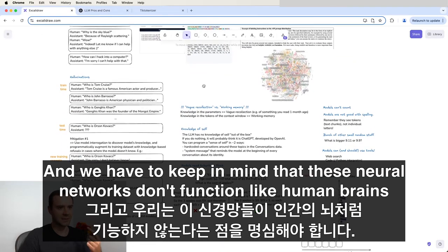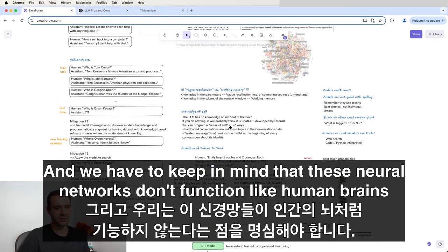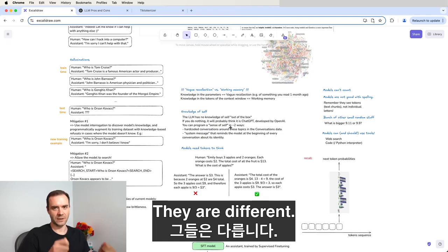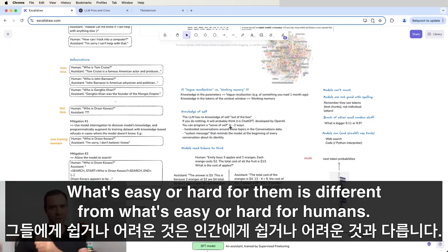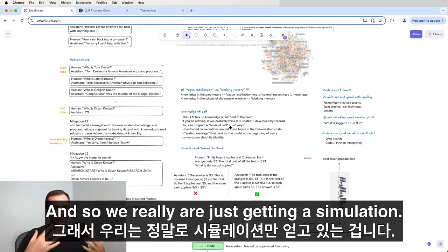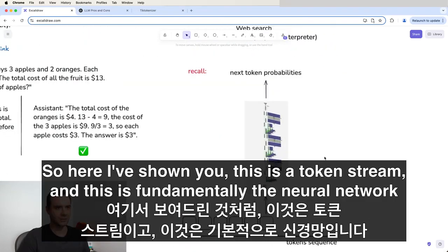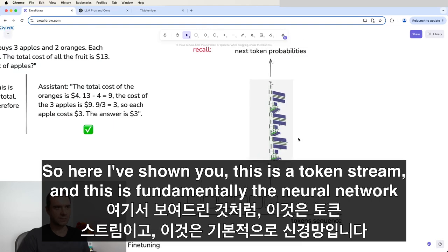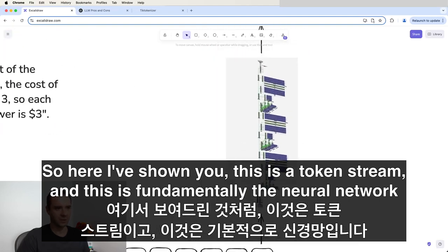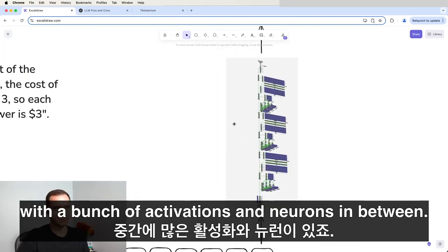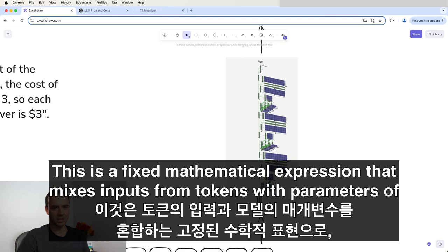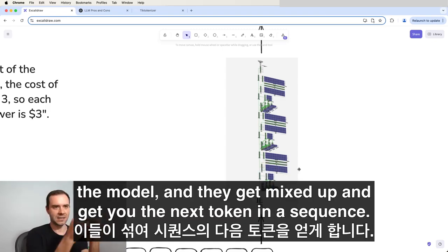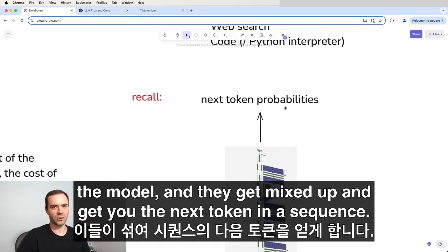And we have to keep in mind that these neural networks don't function like human brains do. They are different. What's easy or hard for them is different from what's easy or hard for humans. And so we really are just getting a simulation. So here I've shown you, this is a token stream, and this is fundamentally the neural network with a bunch of activations and neurons in between. This is a fixed mathematical expression that mixes inputs from tokens with parameters of the model, and they get mixed up and get you the next token in a sequence.